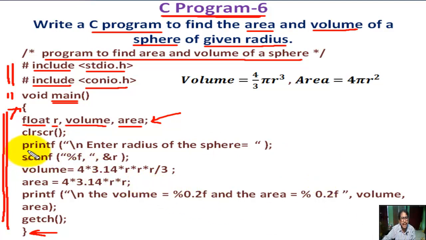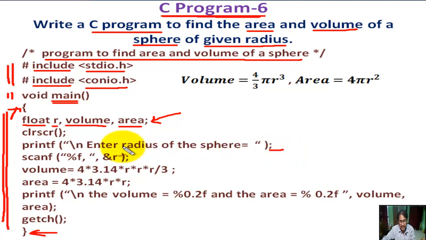Now printf, within bracket, quotation, \n, enter, radius of the sphere equal to, quotation, end bracket, semicolon.